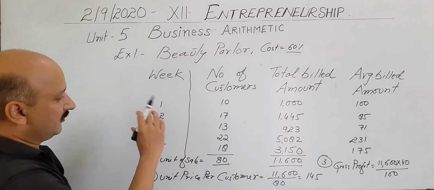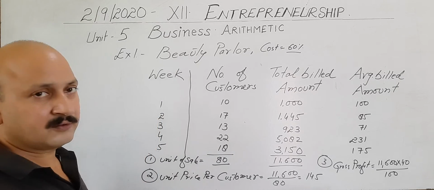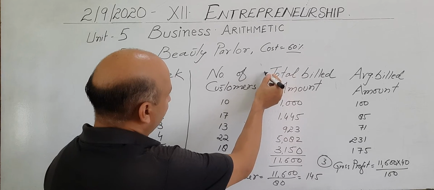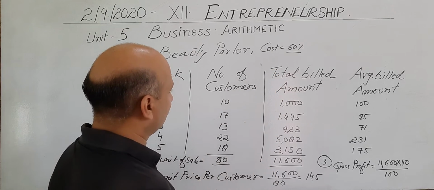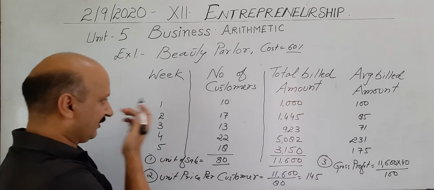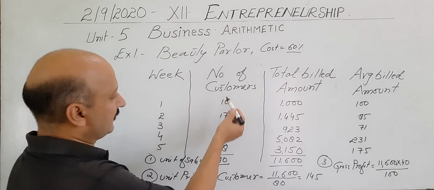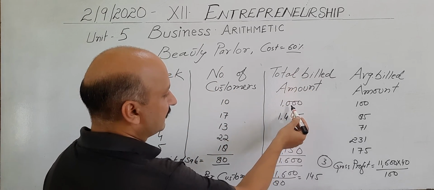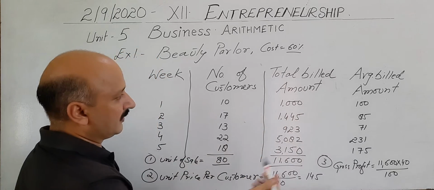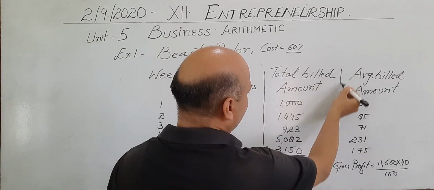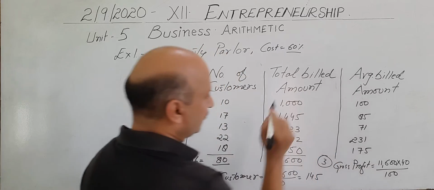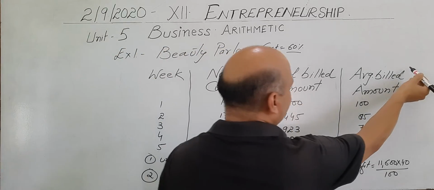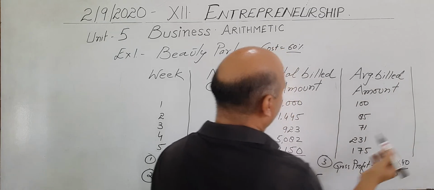So total sales is for 5 weeks and the number of customers is in the second column, where in the first week 10 customers purchased goods worth rupees 1000, or they have taken services worth rupees 1000, and their average billed amount is also calculated here.